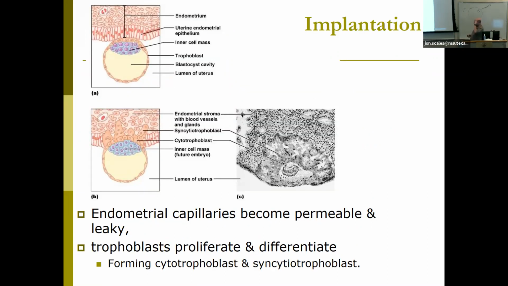So implantation is where the embryo contacts the lining, the endometrial lining, and the outer layer of that endometrium is these columnar epithelial cells, and it makes contact with them, and it kind of rolls along. But the cells that are on the side where the inner cell mass is have the ability to adhere. So they will stick. Once they stick, then these cells on this side begin to differentiate.